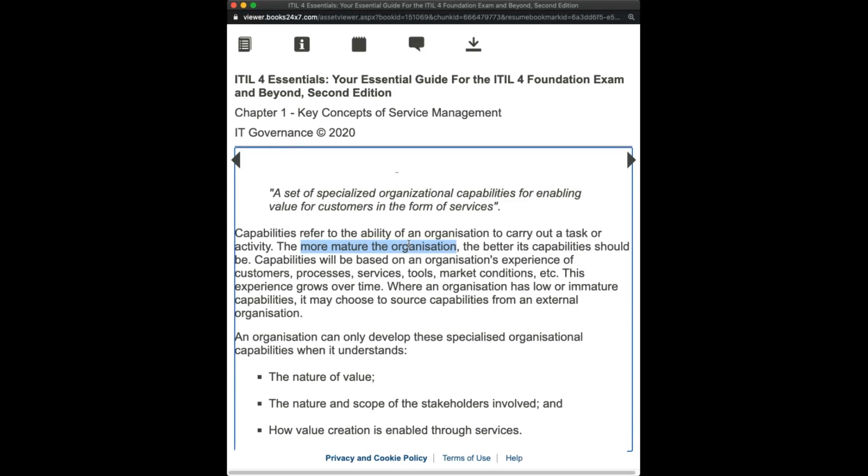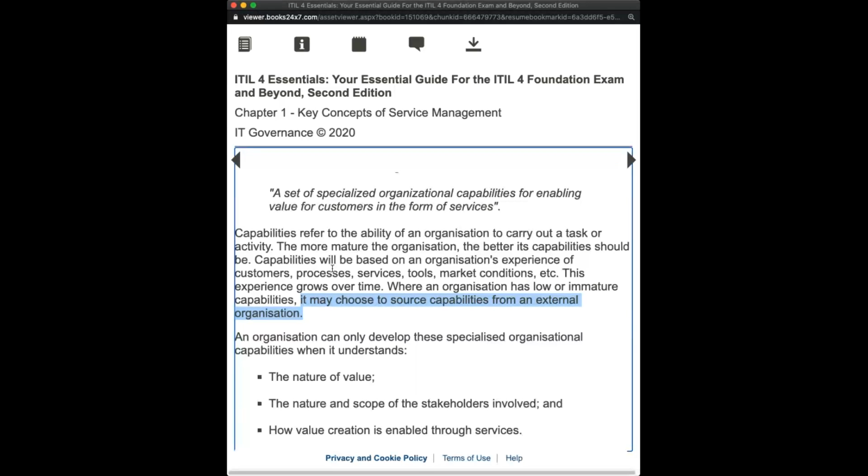Capabilities will be based on the organization's experience of customers, processes, services, tools, market conditions, etc. So everything that revolves around it, everything that interacts. This experience grows over time. Where an organization has low or immature capabilities, it may choose to source capabilities from an external organization, right?